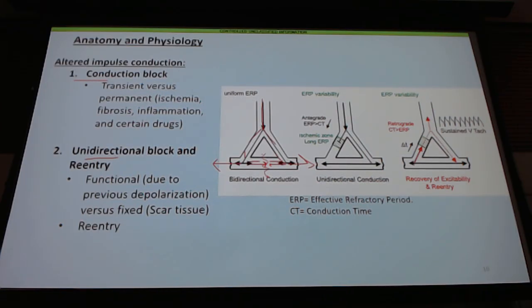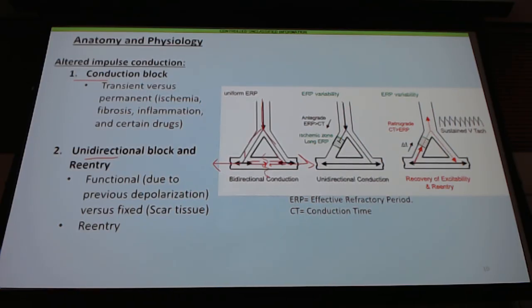It's not ready for another depolarizing event. It hasn't been given the opportunity to repolarize yet. And then the same goes from the left to right, where that rightward propagation is going to terminate because it's going to encounter depolarized cells that are not ready for repolarization.